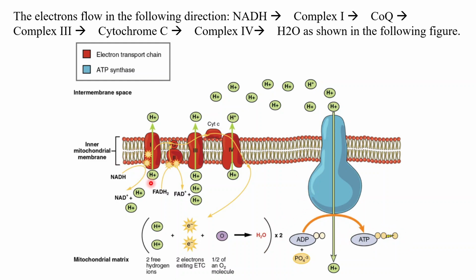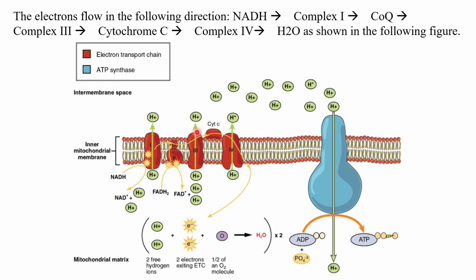So all these electrons are being transferred from complex 1 to complex 3 to complex 4, and ultimately the production of H2O is happening. In the whole process, if you see these green protons, these are released out of the membrane, creating a proton gradient.